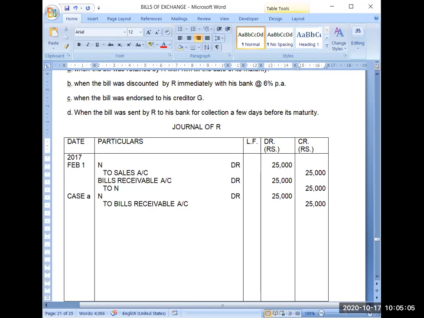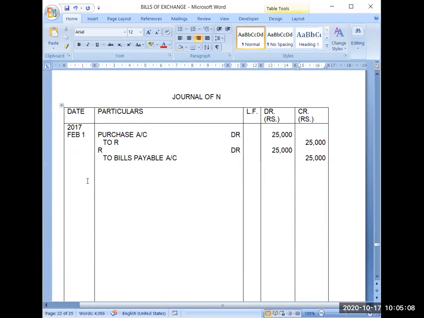Now what journal entry will N record? Here also we will mention case 1, case A. So here R will become creditor again and the value of this liability will become 0. Bills payable will become 0.